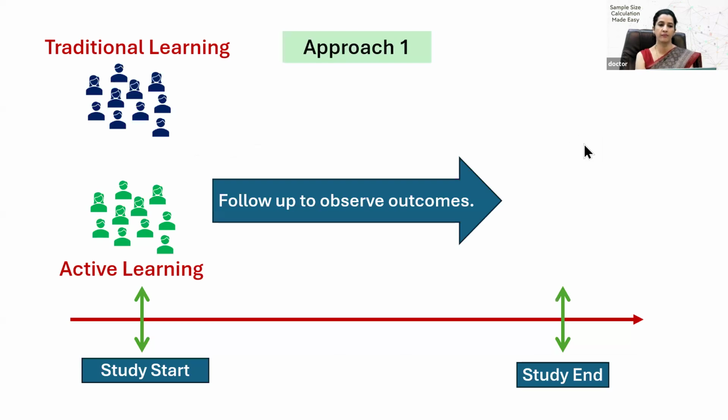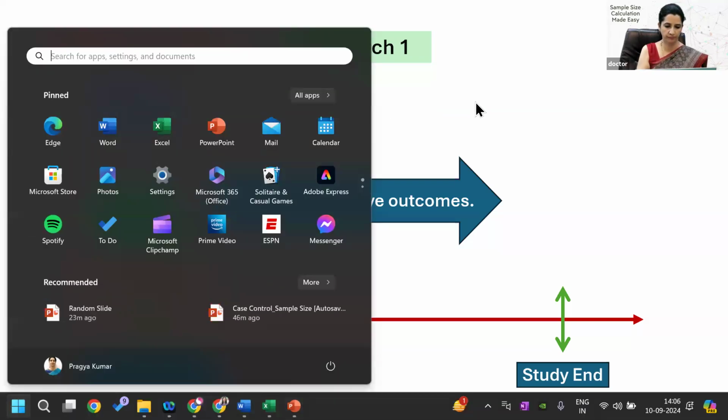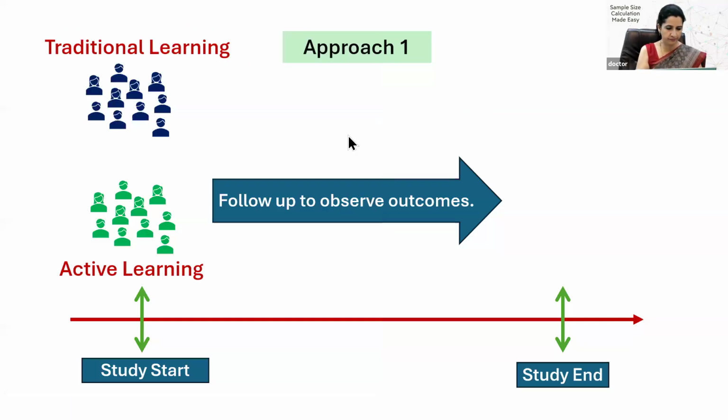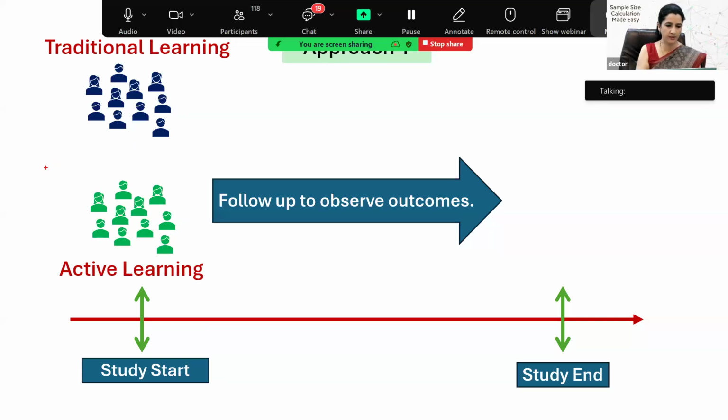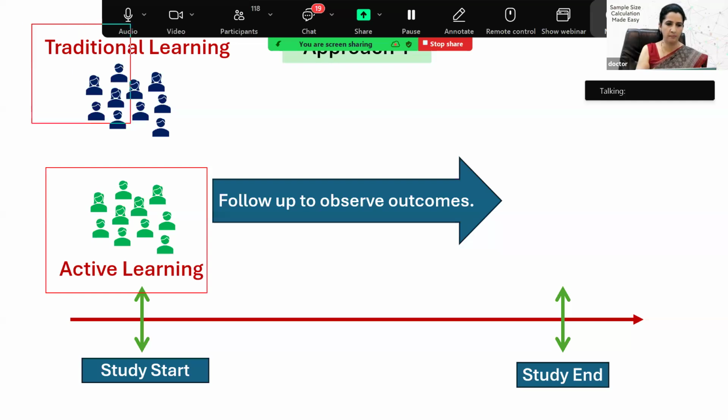I have taken a group of students and categorized them as a group using Marrow Prep Ladder, that means active learning, the app-based learning, and a group falling into traditional learning. Now I want to see what the outcome is in this case.